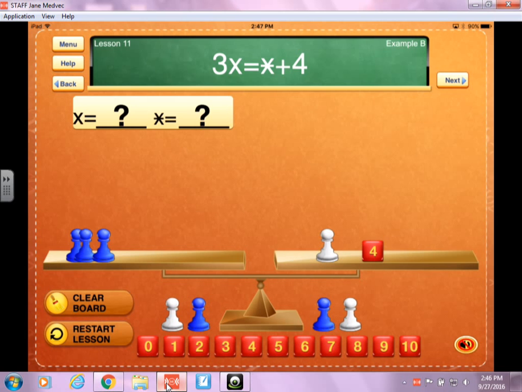So I need to get rid of this, so what should I add to my white pawn to get rid of it? I'm going to add an x. What I add to one side, I add to the other side. Then you'll notice they will cancel out or explode, right? So then I end up with 4x equals 4.